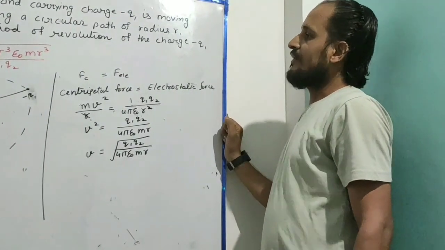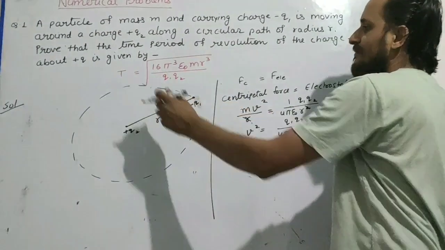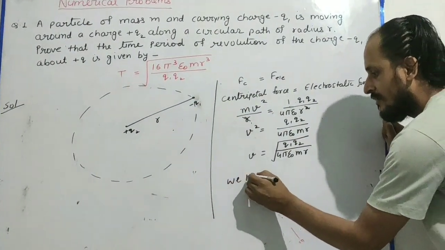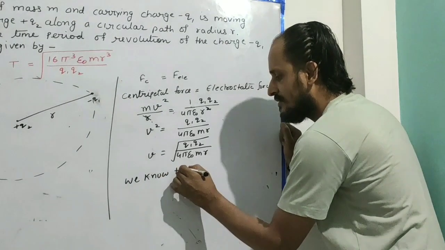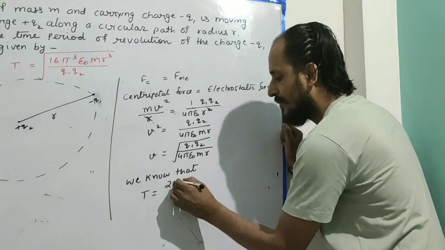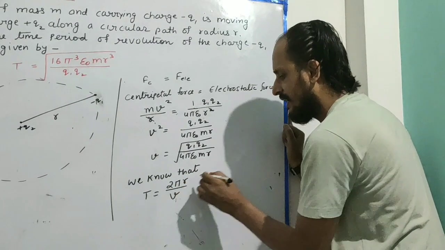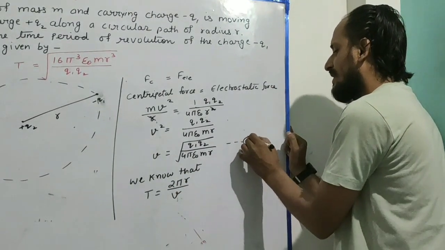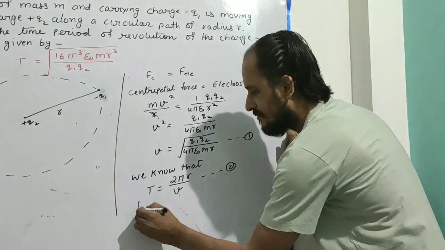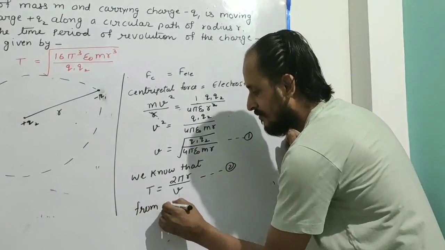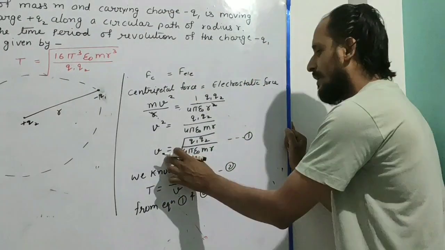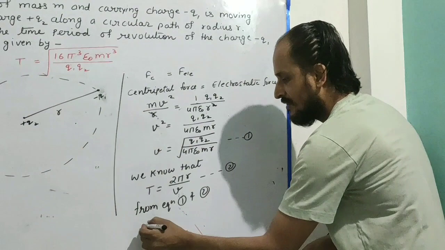Now we want to find out the expression of time period. We know that T is equals to 2 pi r upon v. So from equation 1 and 2, we can put the value of v.